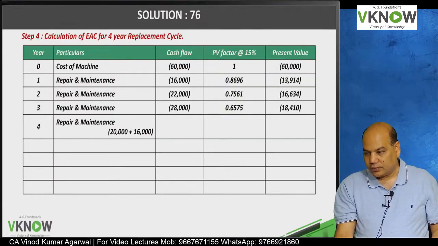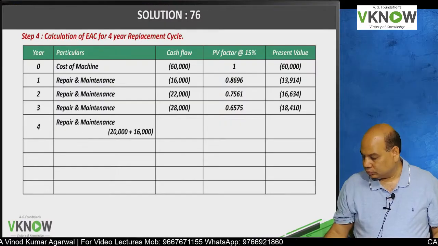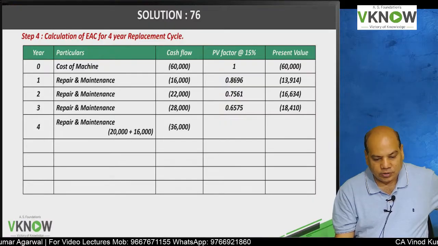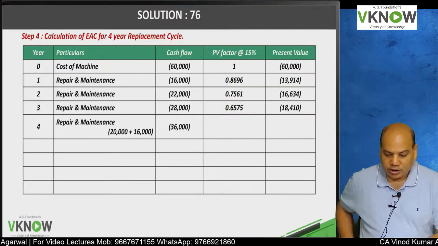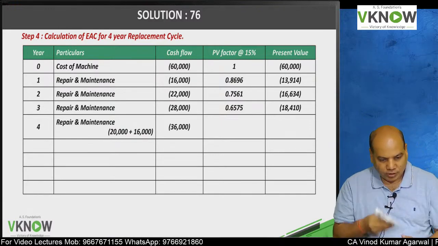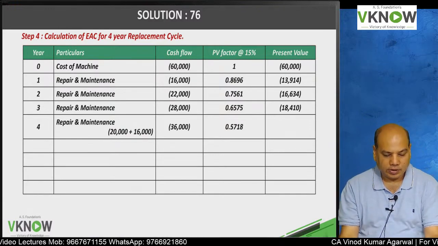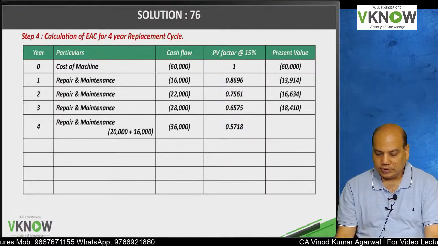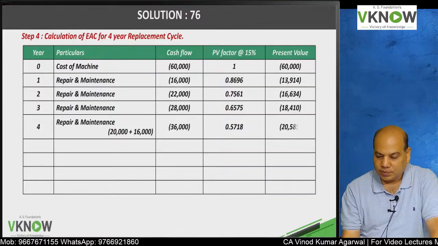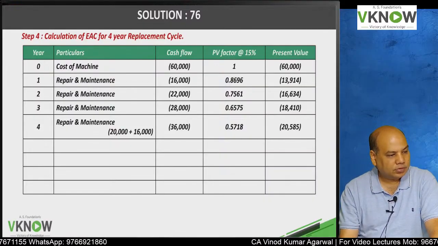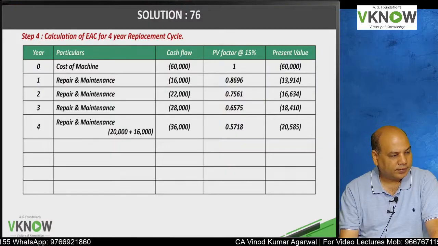Year 4 we have 20,000 plus 16,000 repairs and maintenance, that is 36,000. The fourth year factor is given, 0.5718, multiply: 20585.